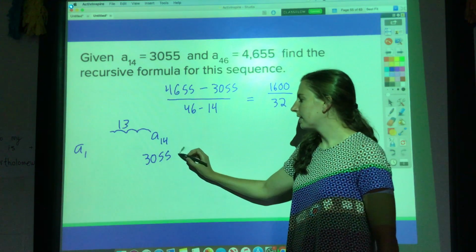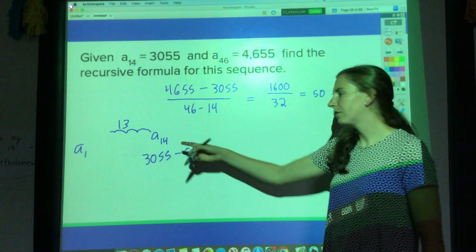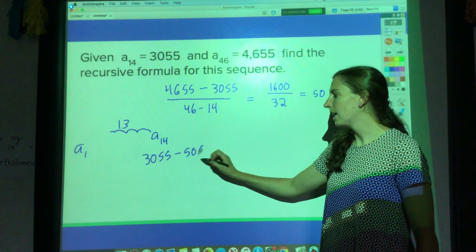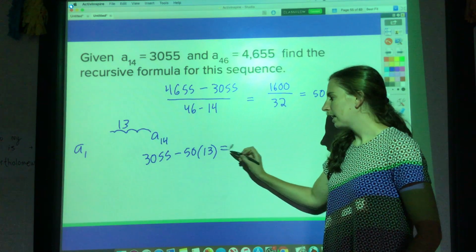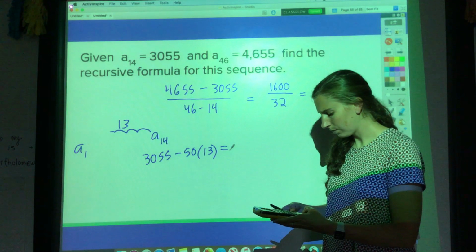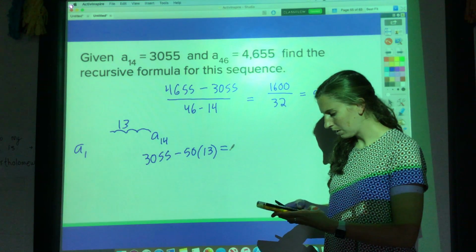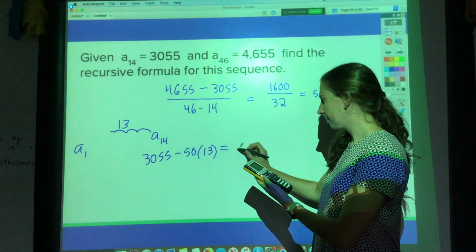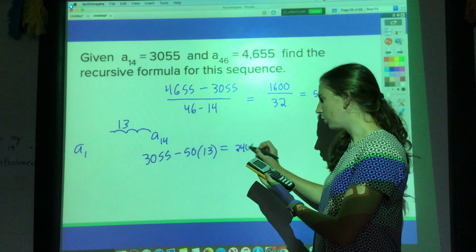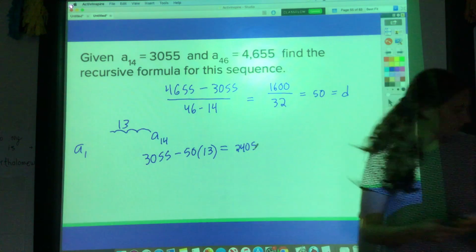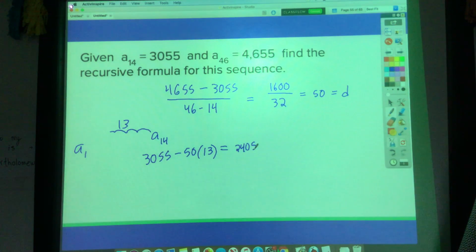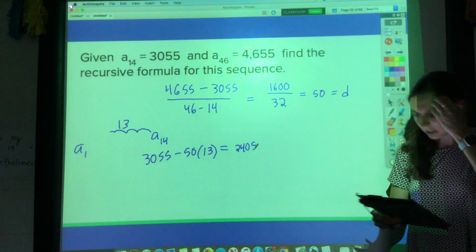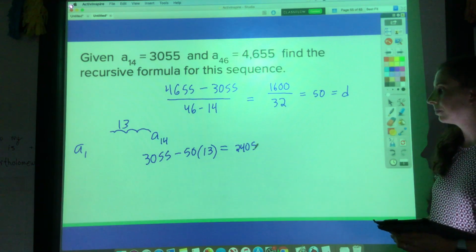So if you take this and you subtract 50 and you subtract 50 again and you subtract 50 again 13 times, that leads you to 2405. Okay, so that's my first term.